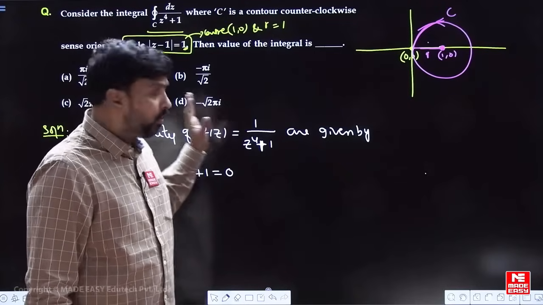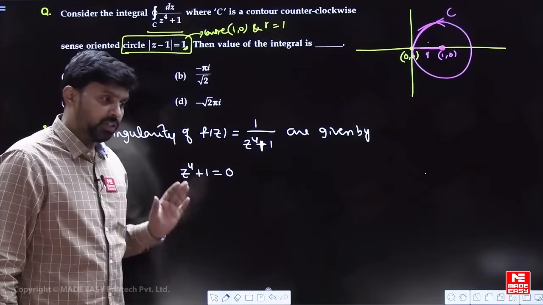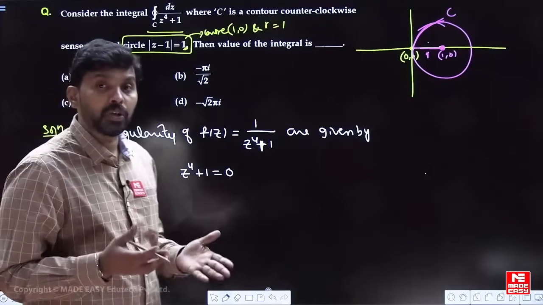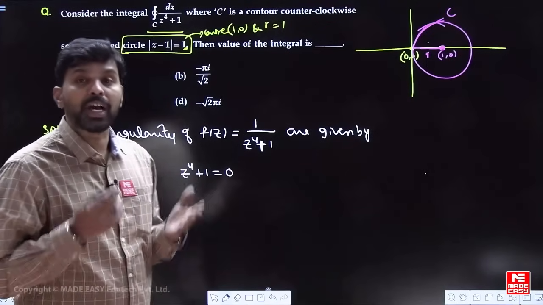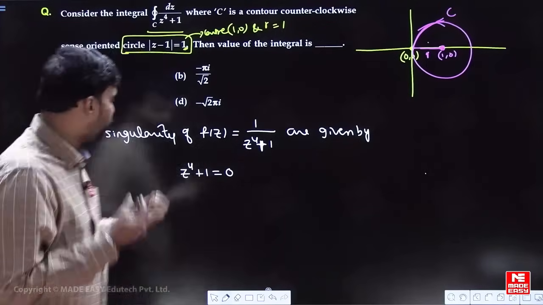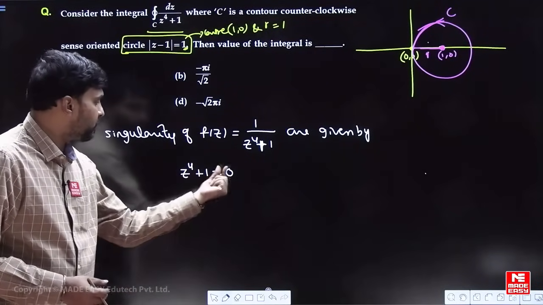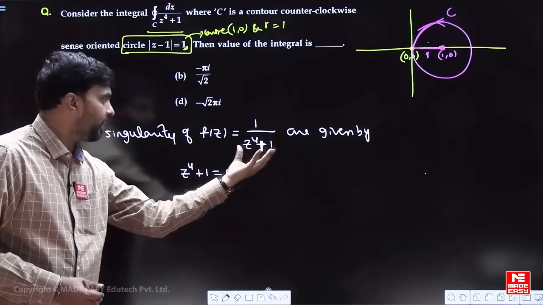So whenever the denominator is 0, the function is not analytic. If the function is not analytic at a point, that is called a singularity.